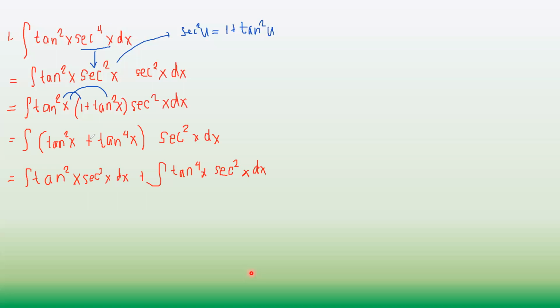Kagaya dyan. So, meron ka dyang tangent and secant squared. Ang derivative ng tangent ay secant squared. So, pwede mong gawing u yung tangent. Kagaya sa aking mga previous discussions, yung tangent squared ay equal sa tangent x quantity squared.